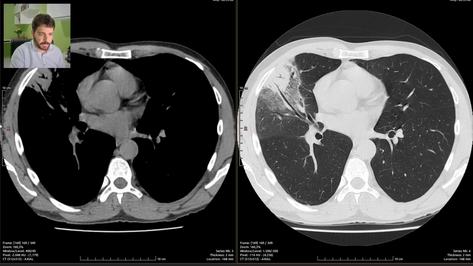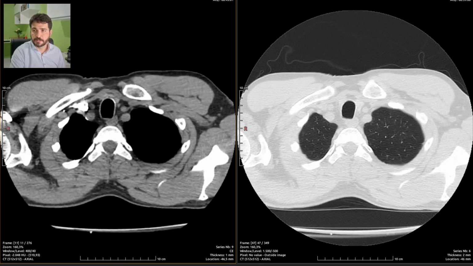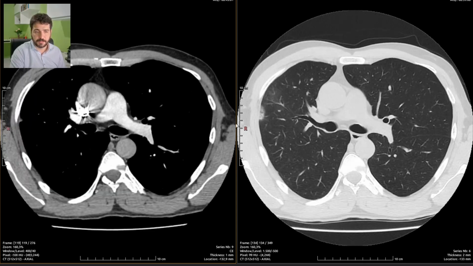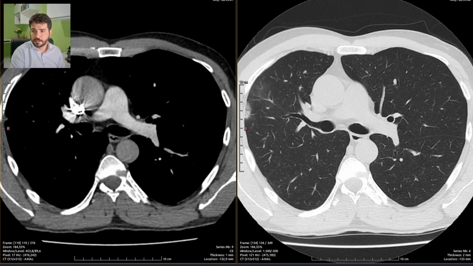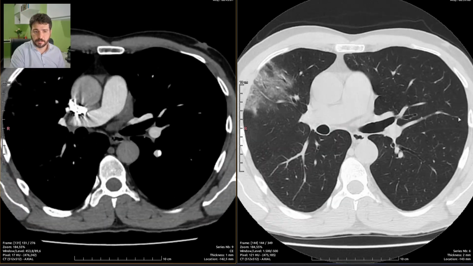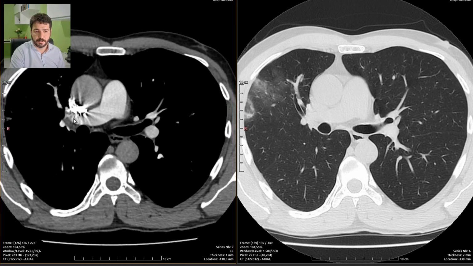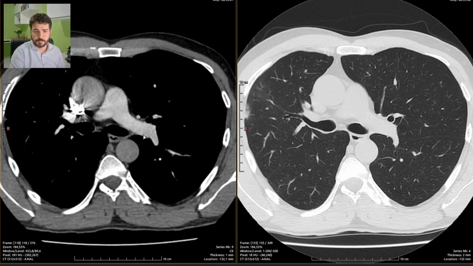So let's grab a post-contrast arterial phase. Yes, it's arterial. This is the trunk of the pulmonary arteries, pulmonary trunk. And we have the right pulmonary artery and the left pulmonary artery.